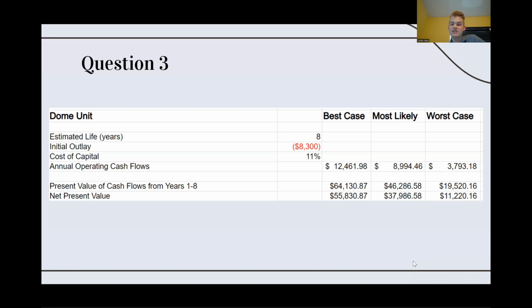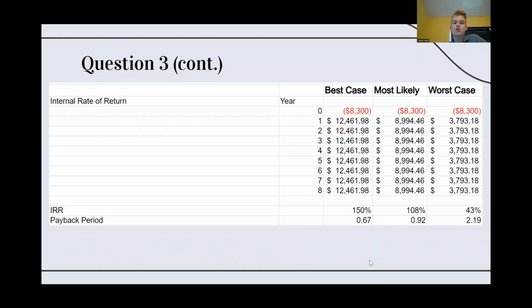55,830 and 87 cents for the best case, 37,986 and 58 cents for the most likely, and 11,220 and 16 cents for the worst case. So then we are able to calculate our internal rate of return. We display the initial payment of 8,300 and then each of the cases' annual cash flows.